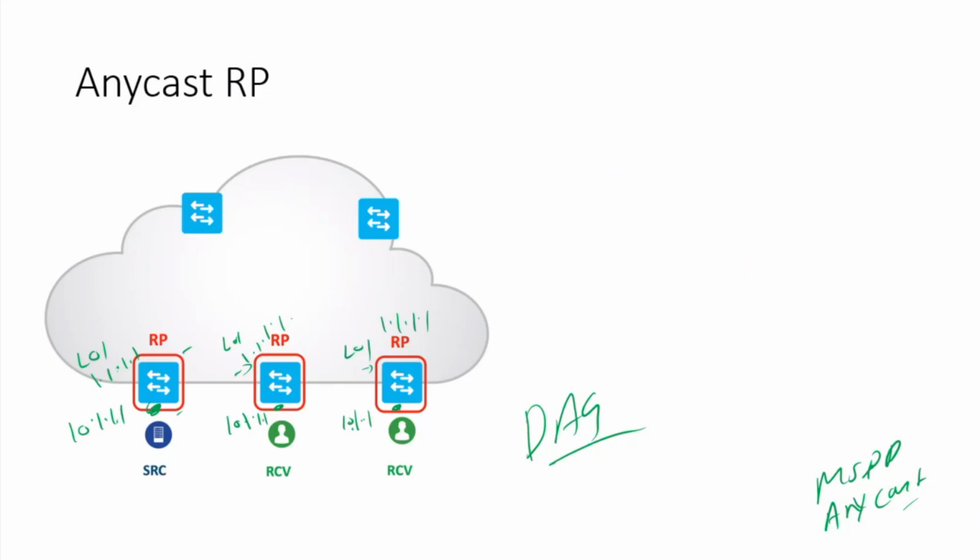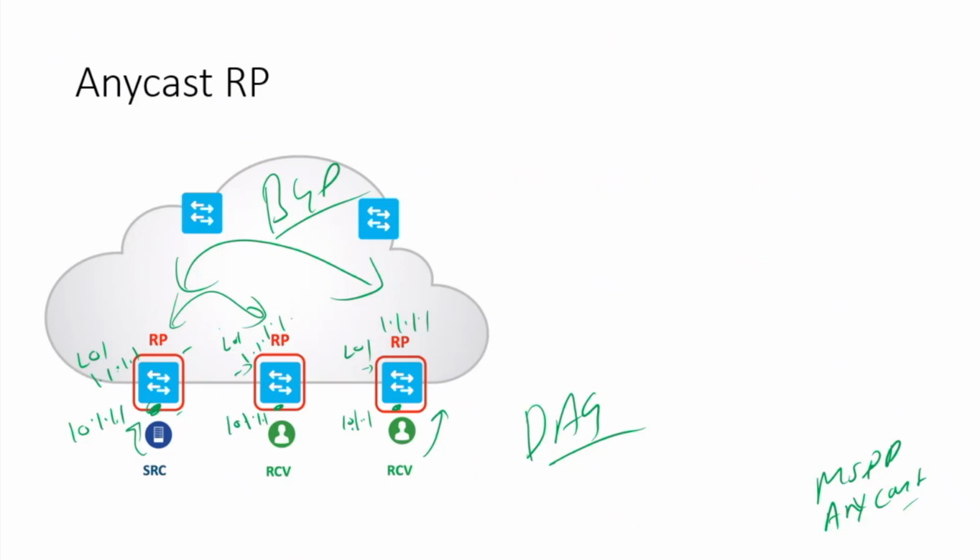All your leaf nodes act as an RP. That means if the source is coming online, the RP is directly connected. If the receiver is coming online, the RP is directly connected. And then they sync the information with each other via BGP.